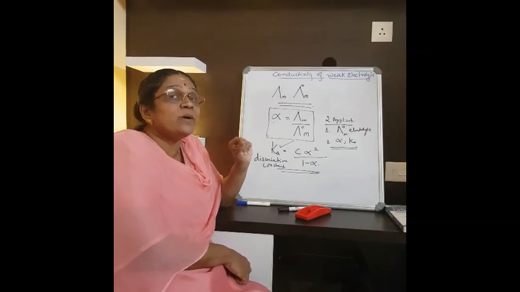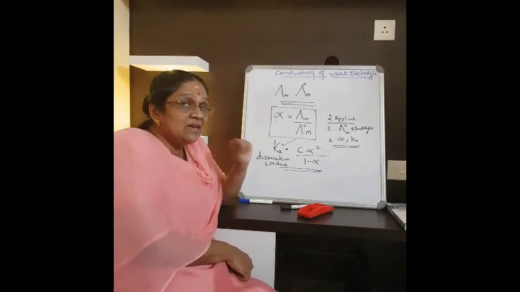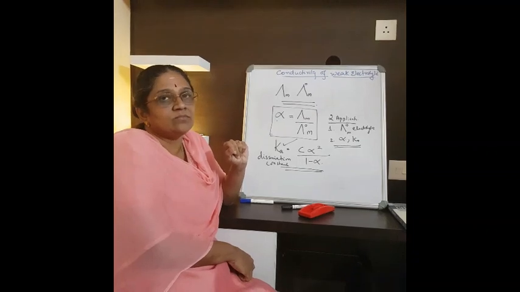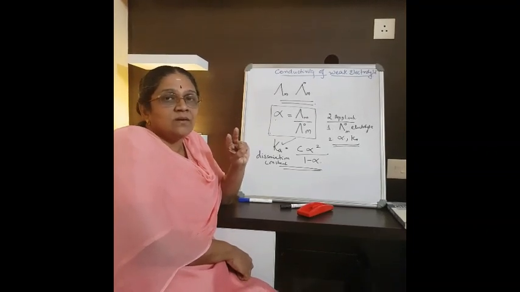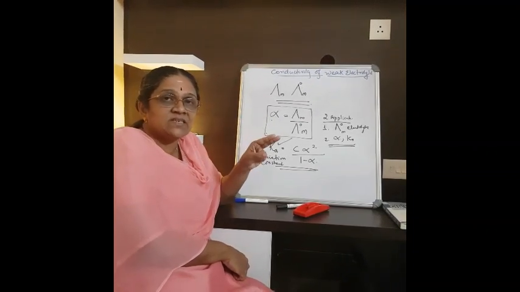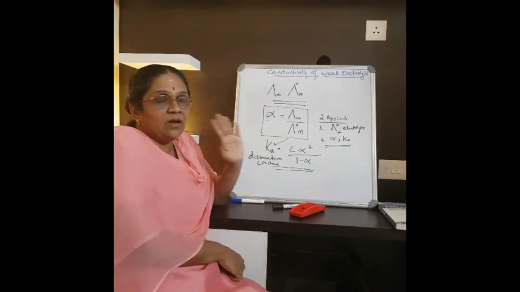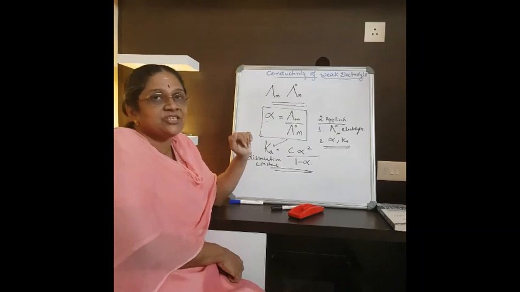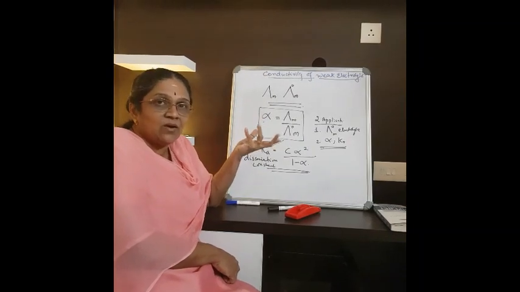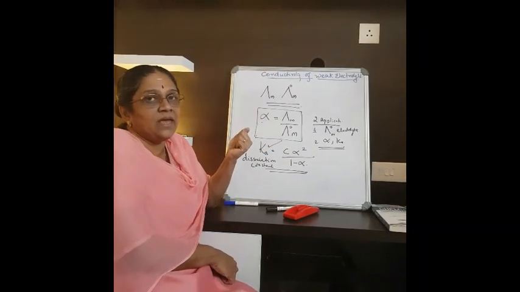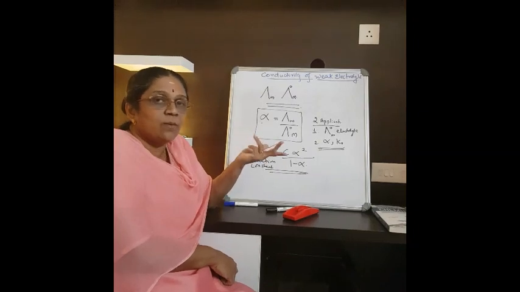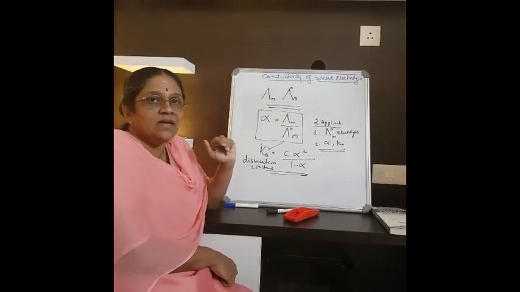There also numericals will come. There we mainly concentrate on Faraday's laws. There are two laws given by Faraday, Faraday's first law and second law. Based on that, questions will be asked. Today we will see the introduction of the electrolytic cell or electrolysis, and in the next class we will talk more on Faraday's laws of electrolysis.